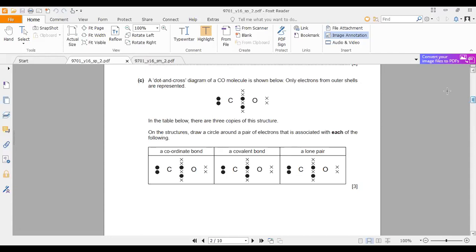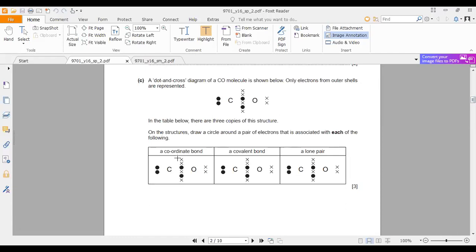So you can see in this structure, when you are showing dot and cross, this will be a covalent bond. Dot and cross means one electron is coming from carbon, the dot electron, and the cross electron is coming from oxygen. So this is a covalent bond, whereas both the electrons are cross in between carbon and oxygen atom.